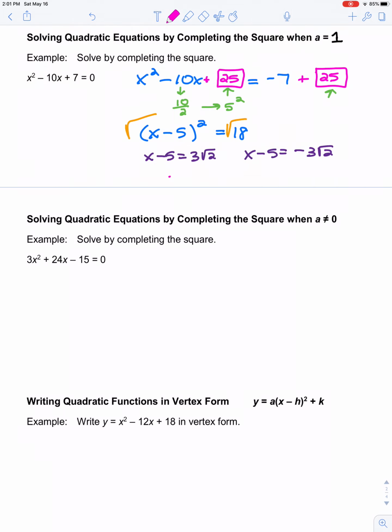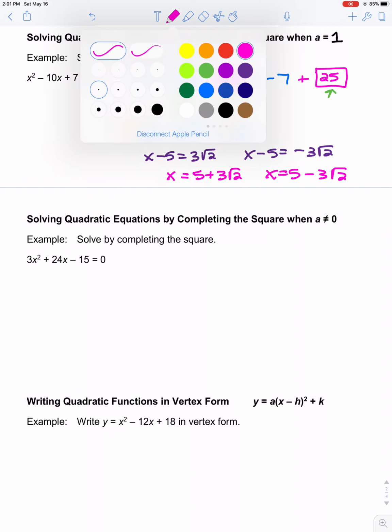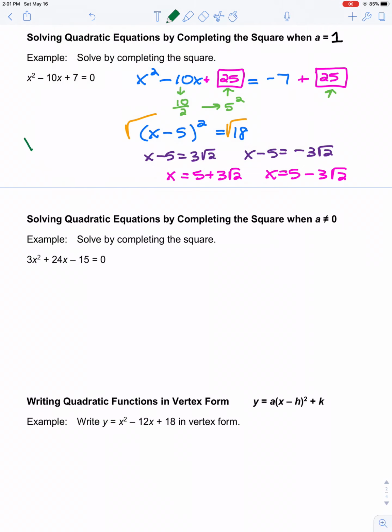We have to add 5 to both sides, so x equals 5 plus 3 root 2, x equals 5 minus 3 root 2. There's a simpler way to write this. x is equal to 5 plus or minus 3 root 2. And they are our values of x.